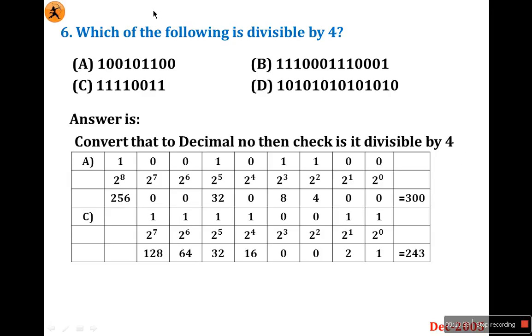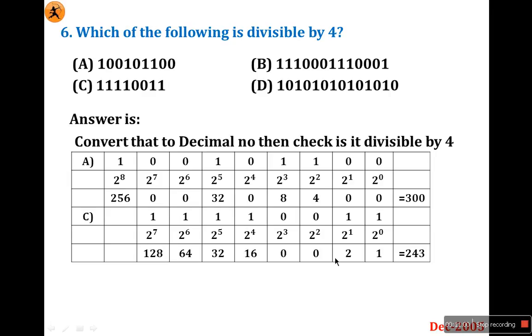Select A, you don't need to check the next ones, because there is no none of these option, there is no all of these, so select A, no need to check other options. Okay, but anyhow check one more. See, 1 1 1 1 0 0 1 1, so write 2 raised to 0, 2 raised to 1, 2 raised to 2.